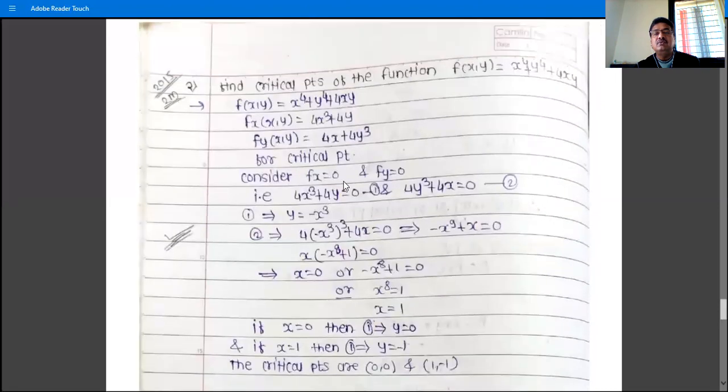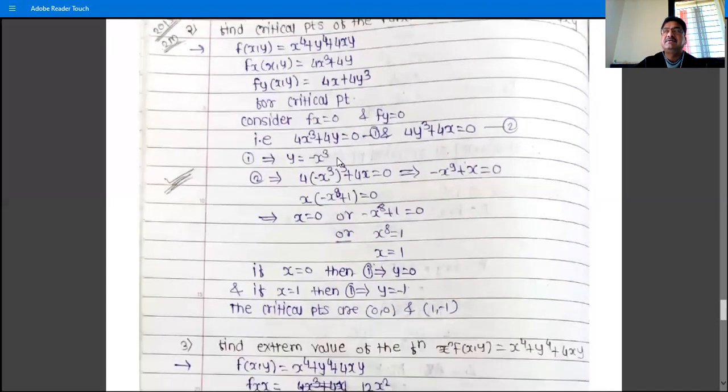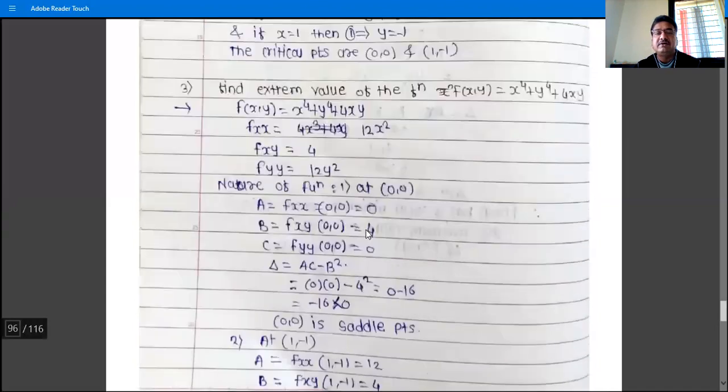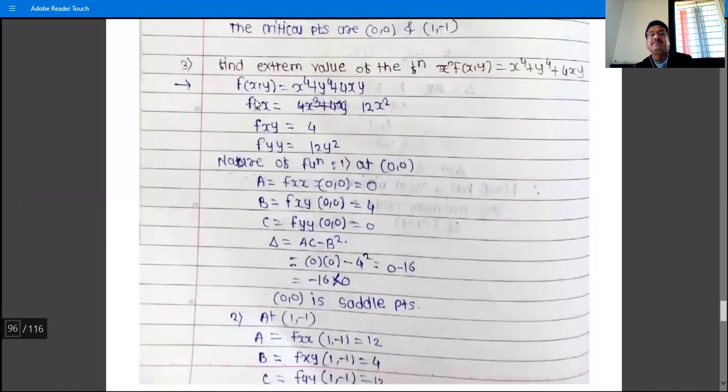And in order to determine the extreme values, if the question is to find the extreme values, then find the second order partial derivatives fxx, fxy, fyy, and then find the values of capital A, capital B, capital C, and delta at the point (0, 0) and at the point (1, minus 1), and we have the nature of the function.